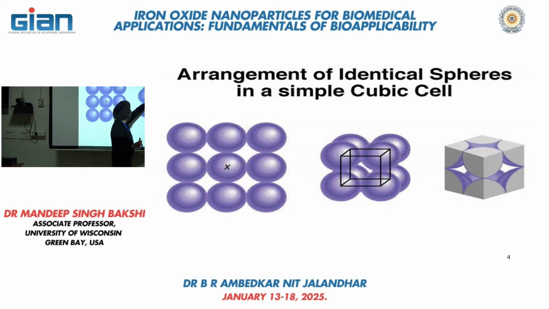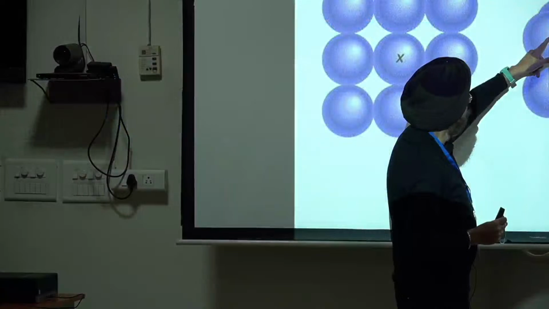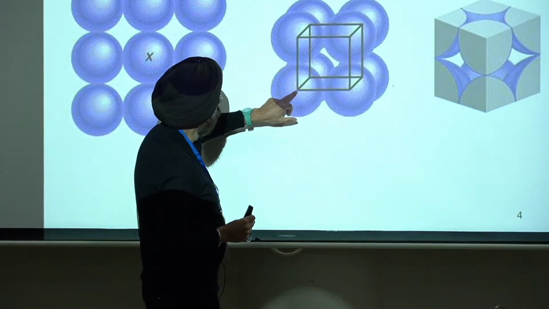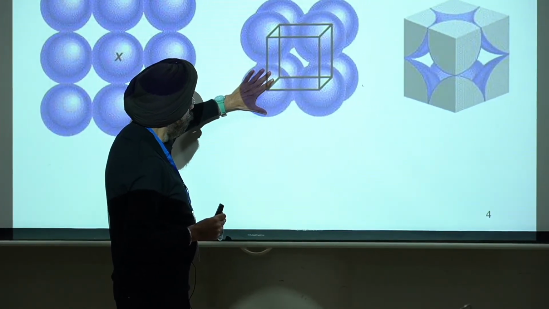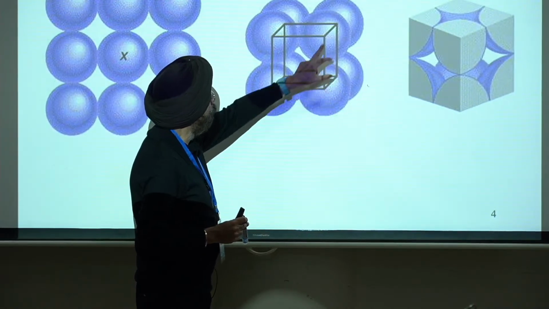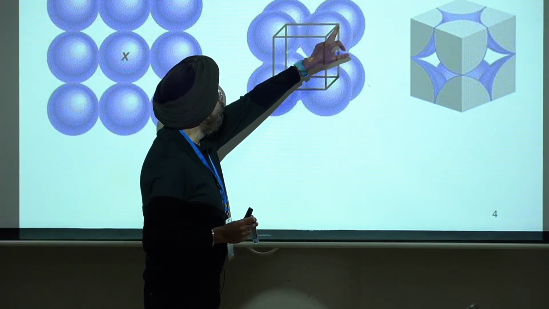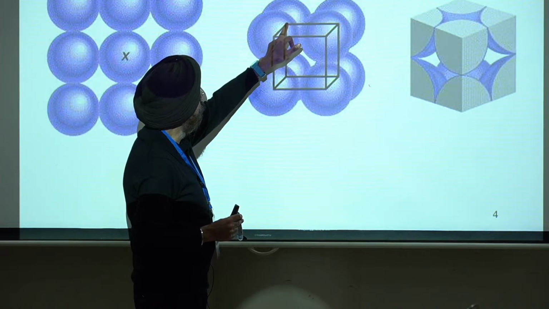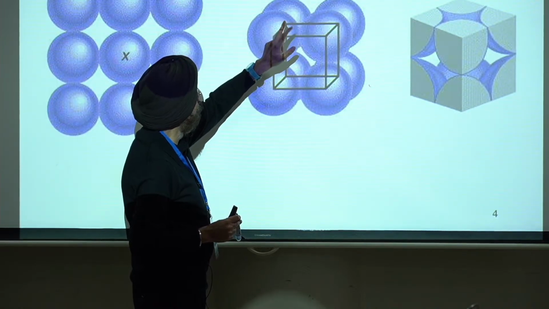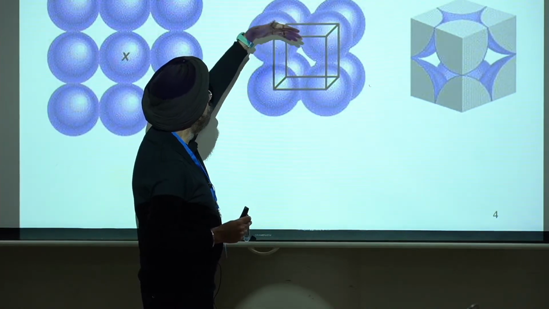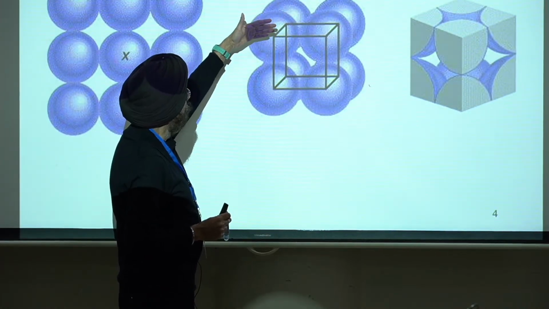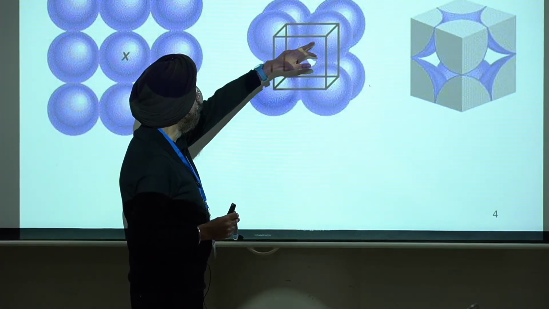If you pick 8 atoms, 4 from the upper layer and 4 from the lower layer, and concentrate on the center of each atom, this is the center of this atom, this is the center of this lower front atom. And these are the corners, meaning the points which represent the centers of the atoms behind these 2 atoms.